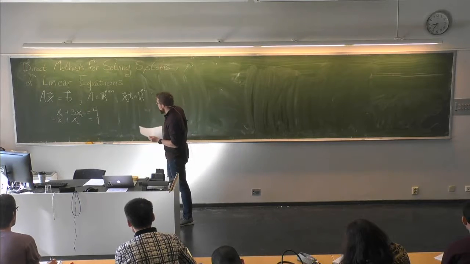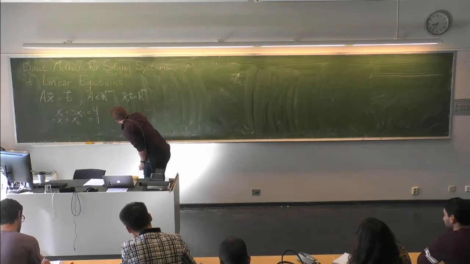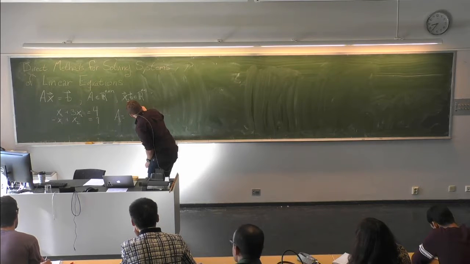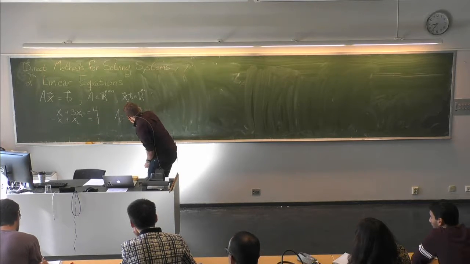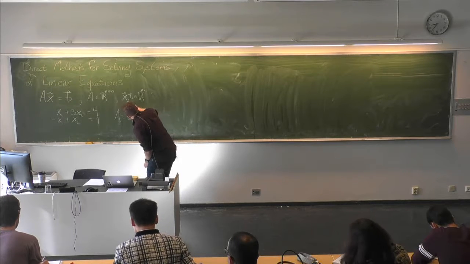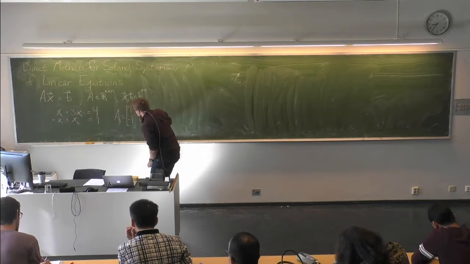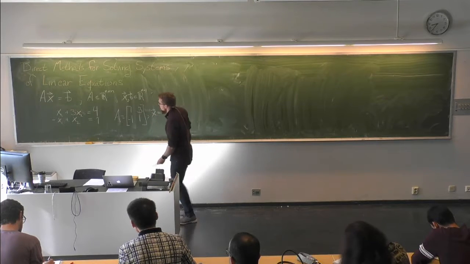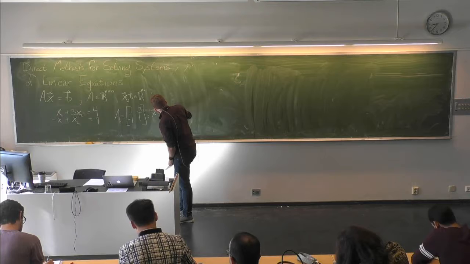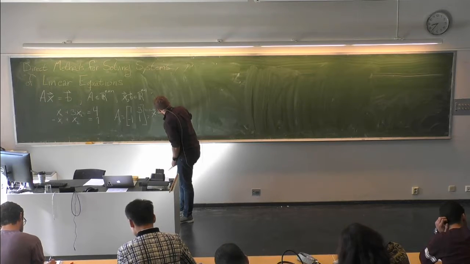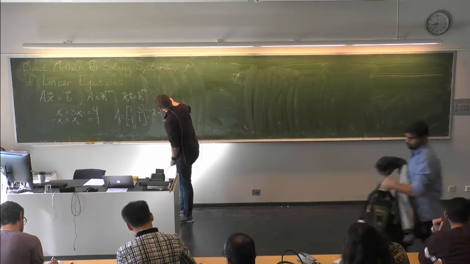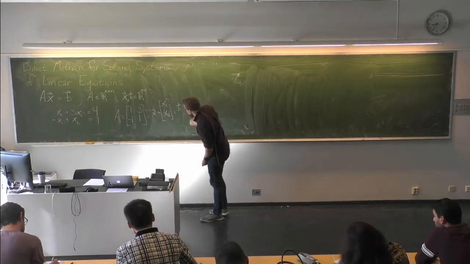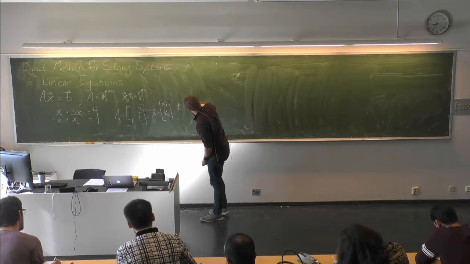So in this case, A is just the coefficients on this side, so it's going to be 1, 3, minus 1, 1. The x vector is the unknowns, the x1, x2, and the b vector is the right-hand side, or 1.